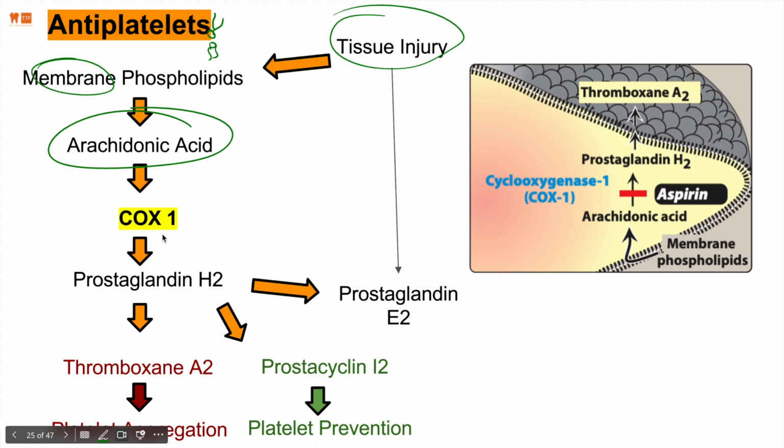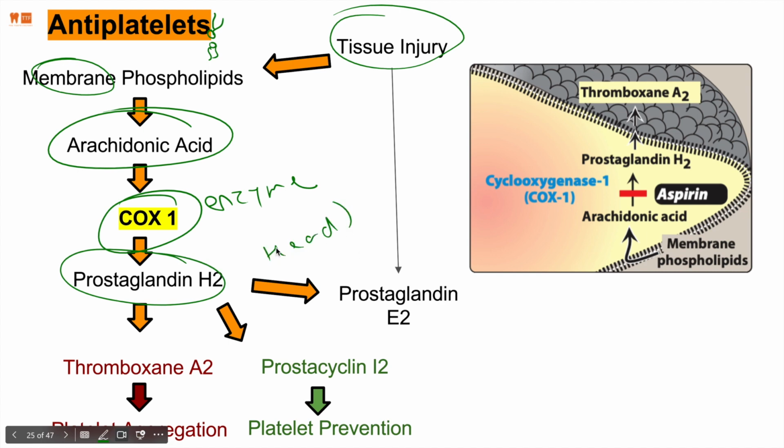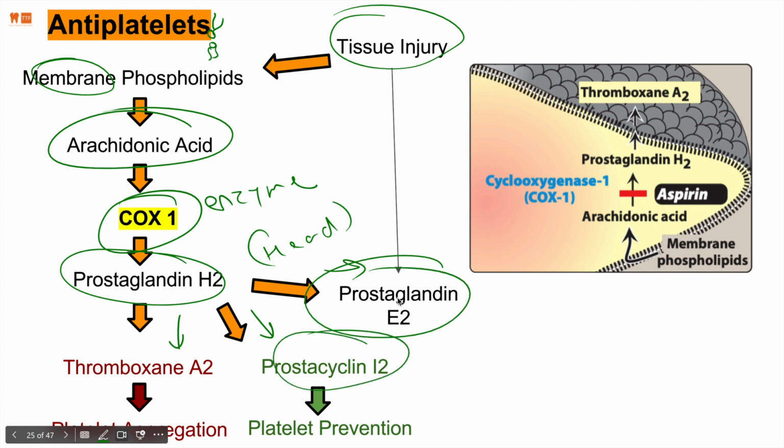Arachidonic acid uses COX-1, cyclooxygenase 1, as an enzyme that creates prostaglandin H2. H2 is head, the biggest prostaglandin. It has 3 children: prostaglandin E2, prostacyclin I2, and thromboxane A2.